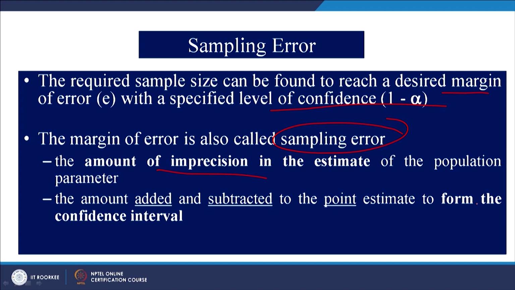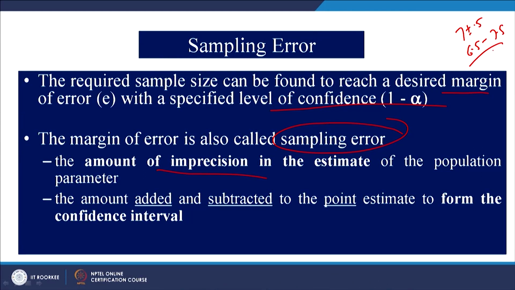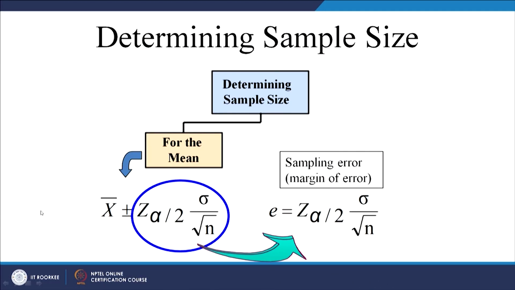So, let us say if you are saying that the point estimate of next year's GDP is 7, right, but if you add let us say 0.5 and subtract 0.5, then it becomes a confidence interval, is not it. So, this is the meaning of this particular sentence.